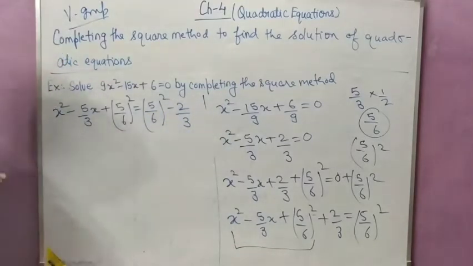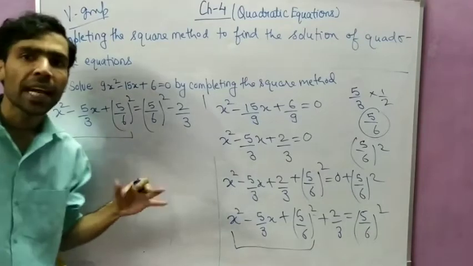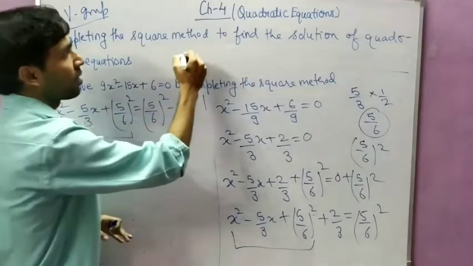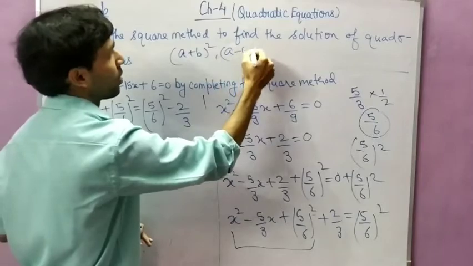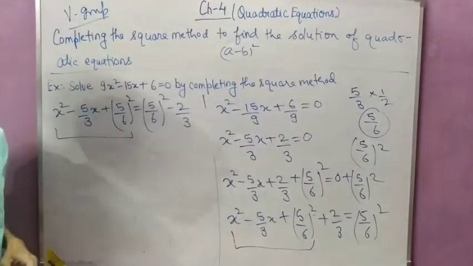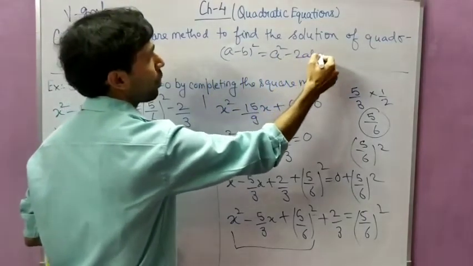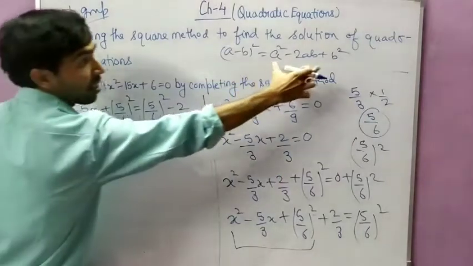Now student, just see these 3 terms. Are they forming any identity? You know a plus b whole square and a minus b whole square. A minus b whole square is a square minus 2ab plus b square. These 3 terms are in this form.